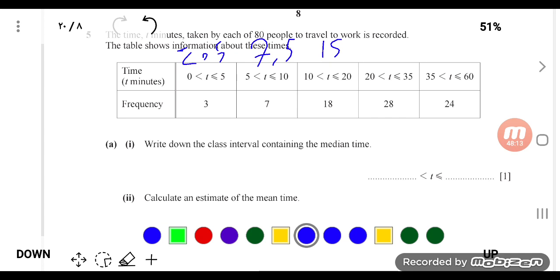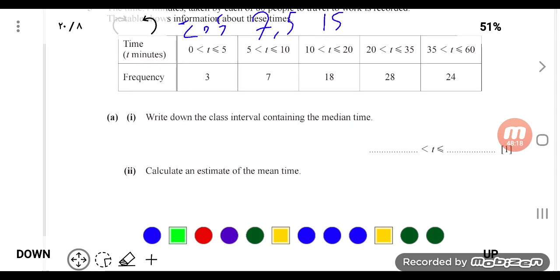Then you do the following. You have to do midpoint times frequency.